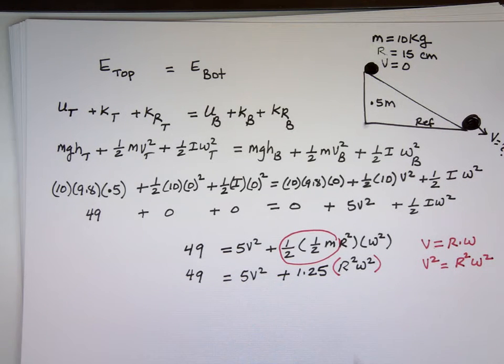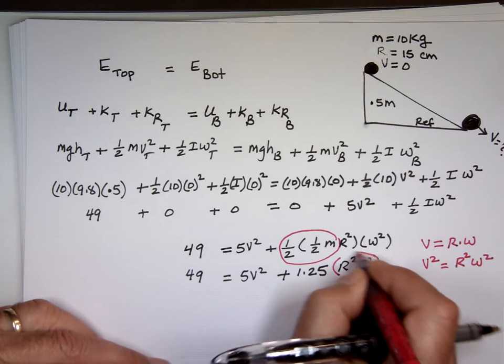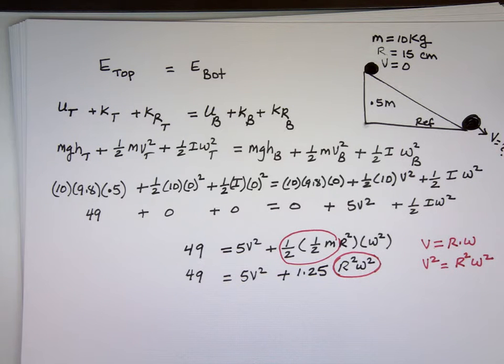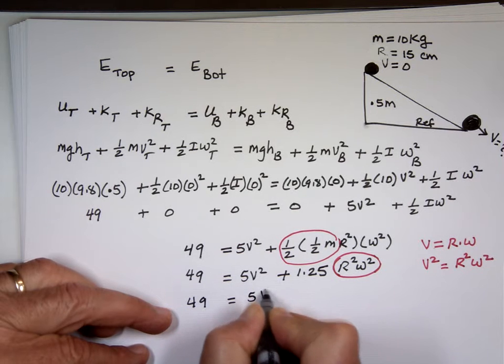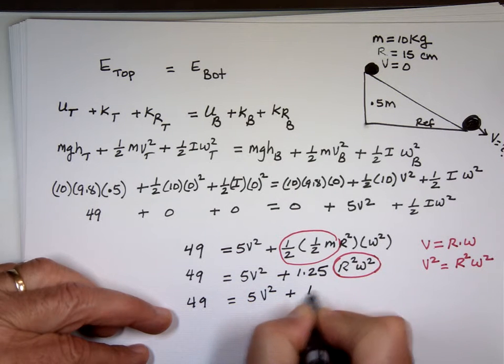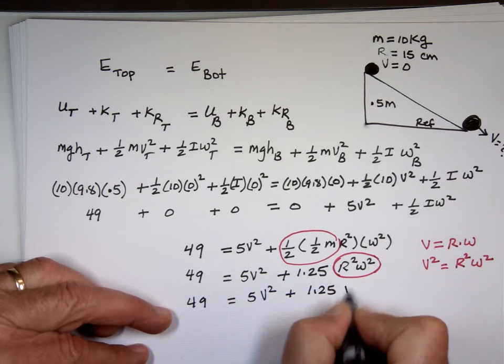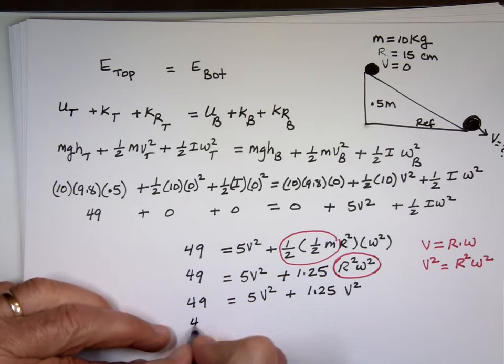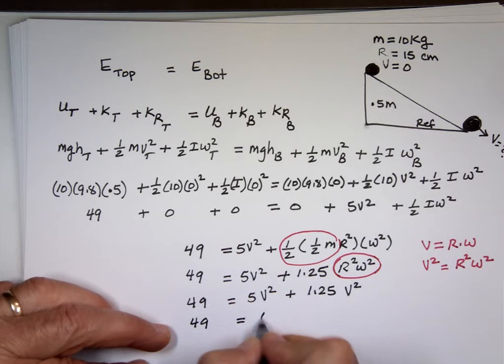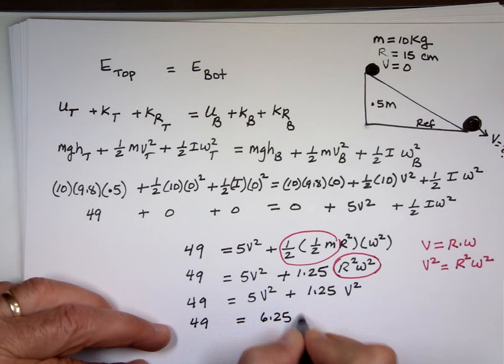So I can replace this here by V squared, and I have matching units, and I can solve for V. So 4.9 equals 5V squared plus 2.5V squared, which is 7.5V squared.